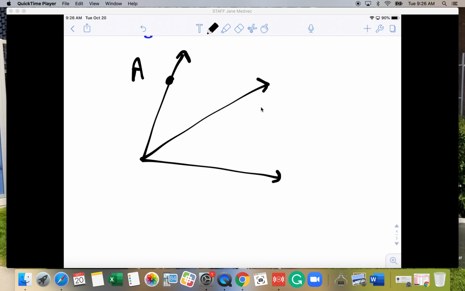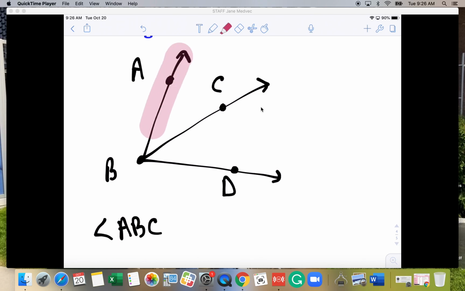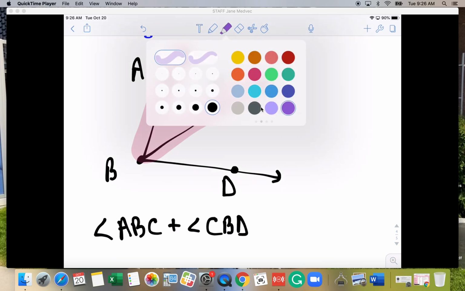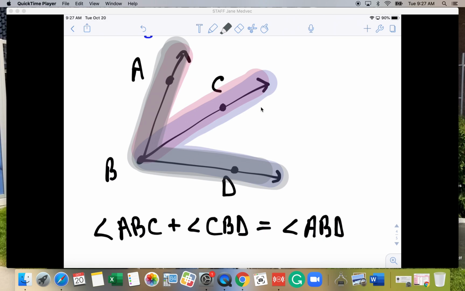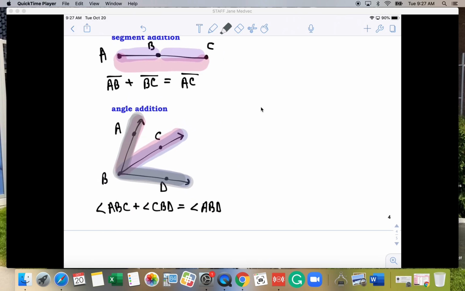I'm going to call this A, this B, this C, and this D. I've got angle ABC, that's this angle right here, plus angle CBD, that is this angle here, and that's going to equal angle ABD, which means it's going to give me this whole angle right here. And that's angle sum or angle addition.